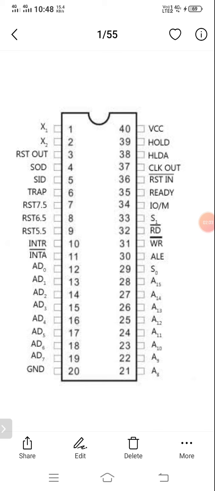For those instructions, every instruction has its own operational code. What is meant by instruction? Instruction is nothing but a command to perform a particular task.